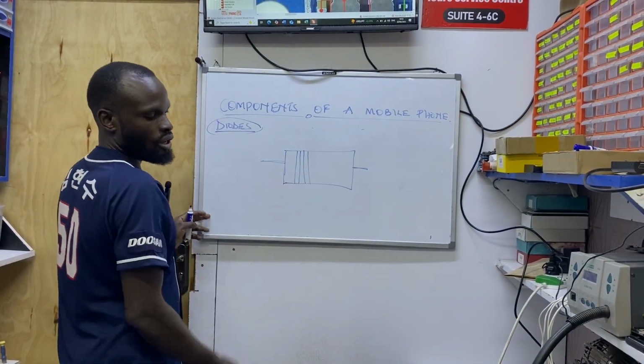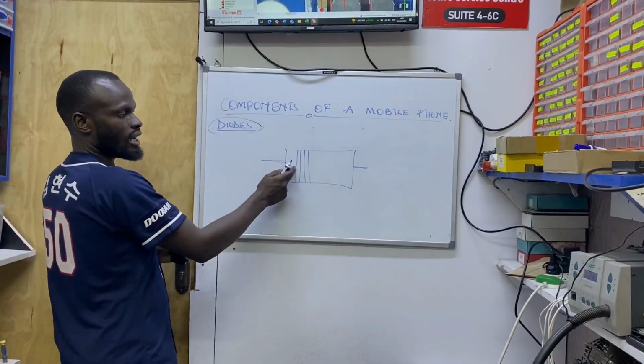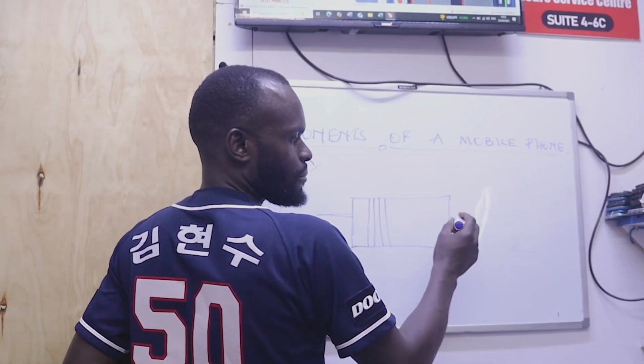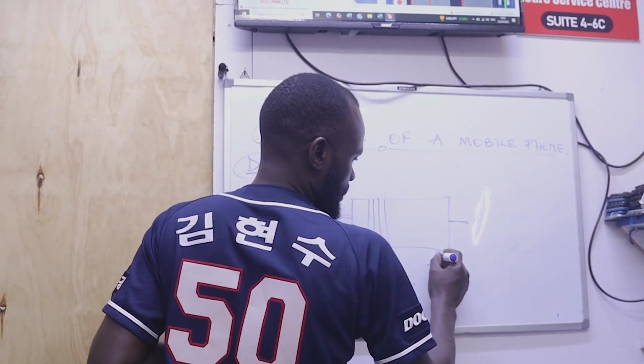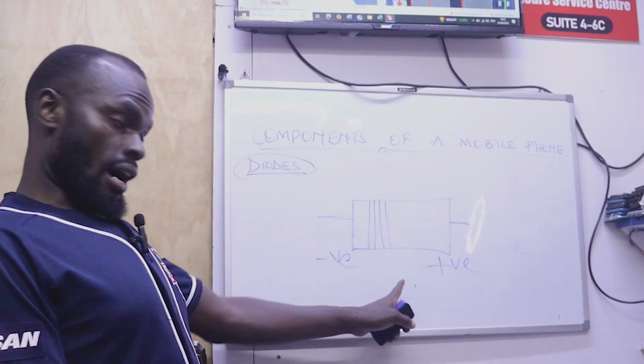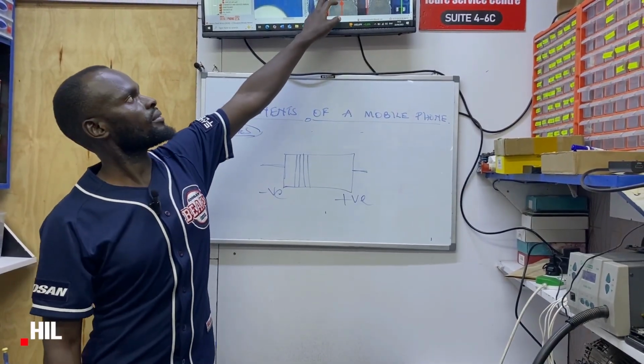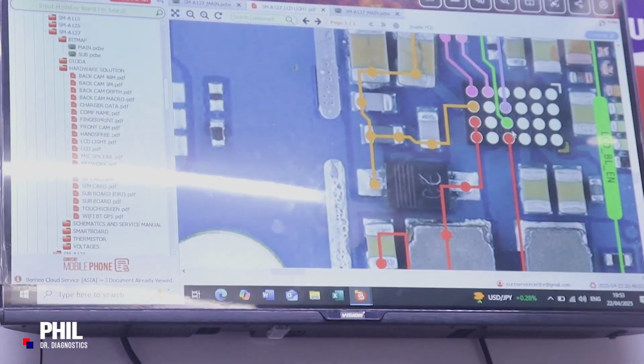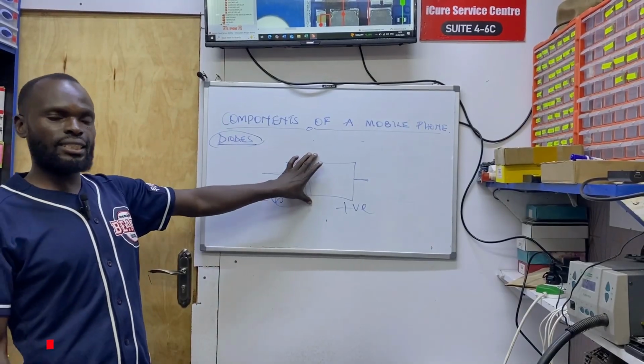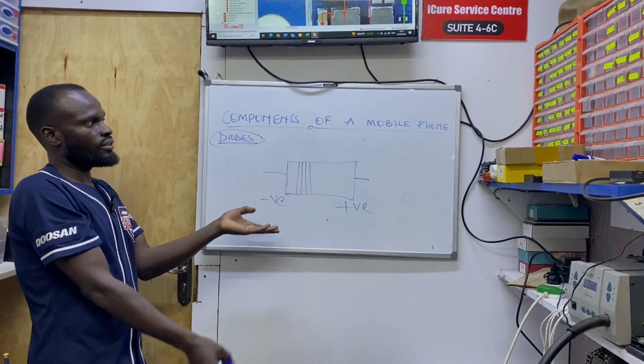I've said on the negative side of the diode, you're going to find these stripes. This one is the negative. The positive side of the diode is going to be blank like that one. Now, I want to show you how to measure such a diode. This one here is a diode, and I have drawn a representation of it down here on this board.